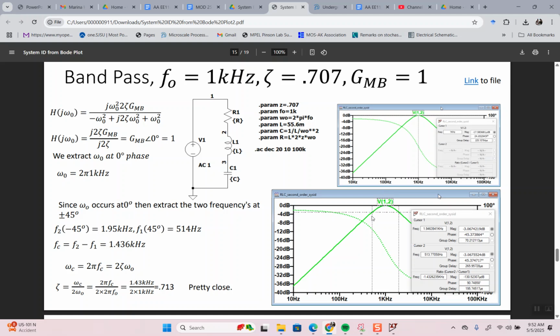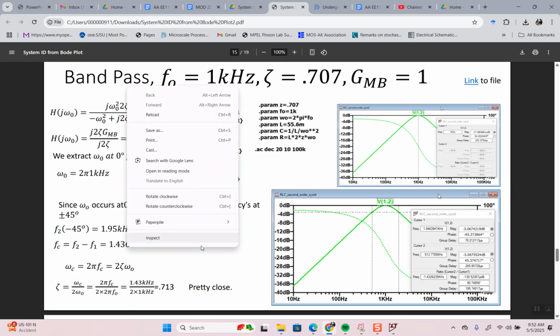All right. And they just call it FC. And you subtract, so you find where you're at minus 45, or this should be plus 45. You find where it's at minus 45-degree phase, you get that frequency, right? Subtract them, and they call that FC.